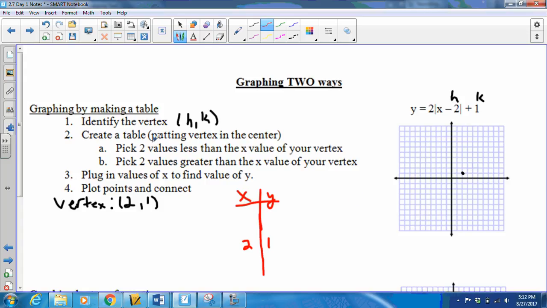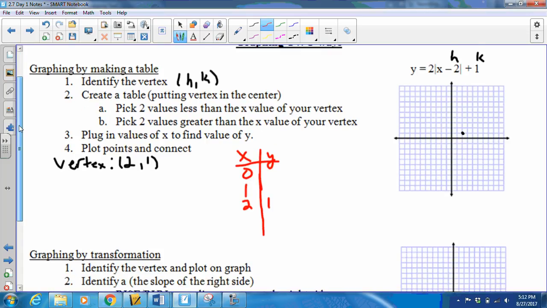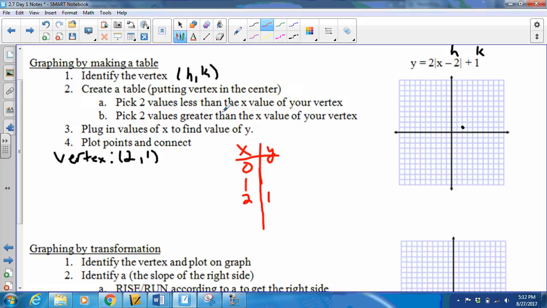Now here it says pick 2 values, meaning the x values less than the x value of your vertex. So we need numbers smaller than 2. So let's pick numbers 1 and 0 because they're smaller than 2. Now we pick 2 values greater than the x value of your vertex. So we'll pick 3 and 4 because they're a little bit bigger.